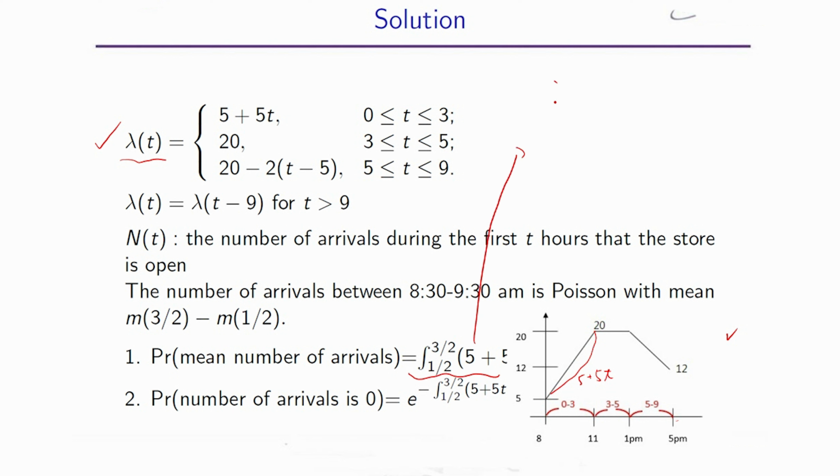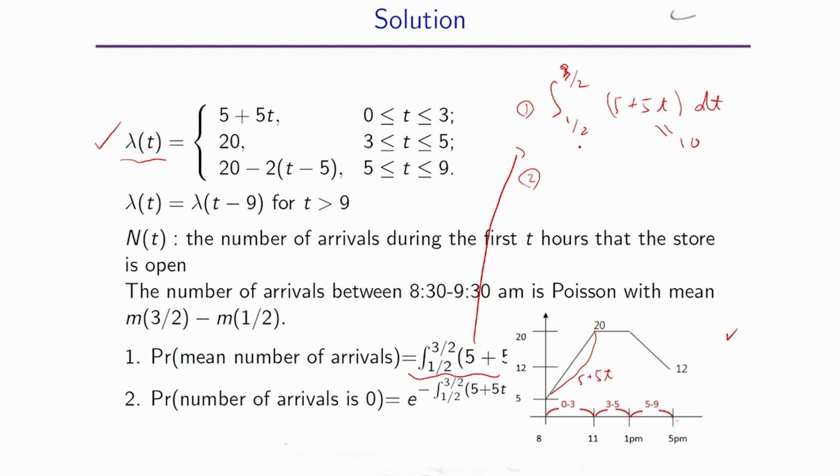Let me write this: the integral from 1/2 to 3/2 of 5 plus 5t dt, right? This would be the first question. And the second question is, what is the probability that during this period the number of customers is 0? I think the result of the integral should be 10.